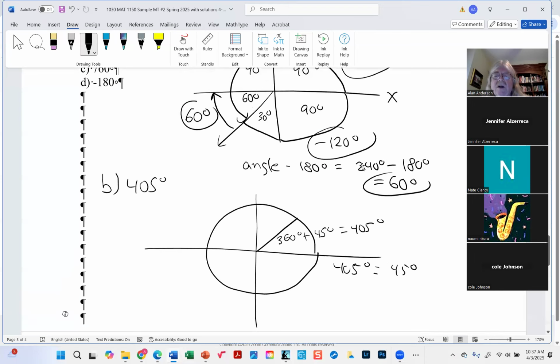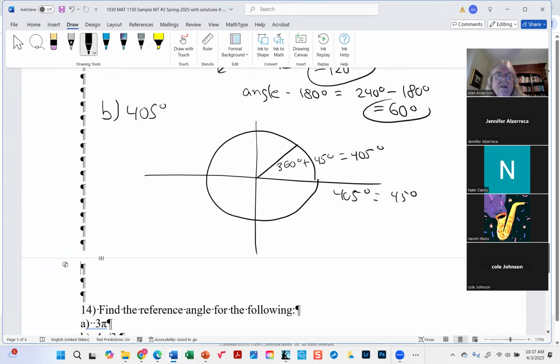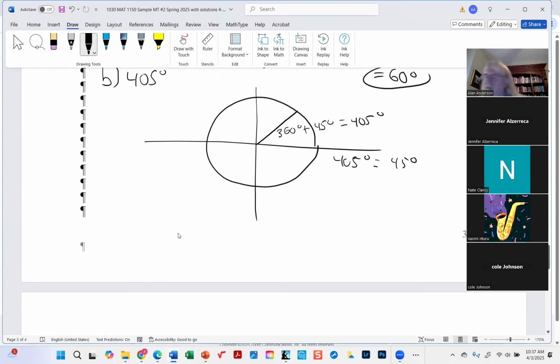Okay, so in the first quadrant, the formula is reference angle equals angle, which is 45. Okay, so yeah, I mean, you could make the case that it's also 405, but normally you would refer to it as 45. Okay, because what we're really after is how far into the first quadrant we went.